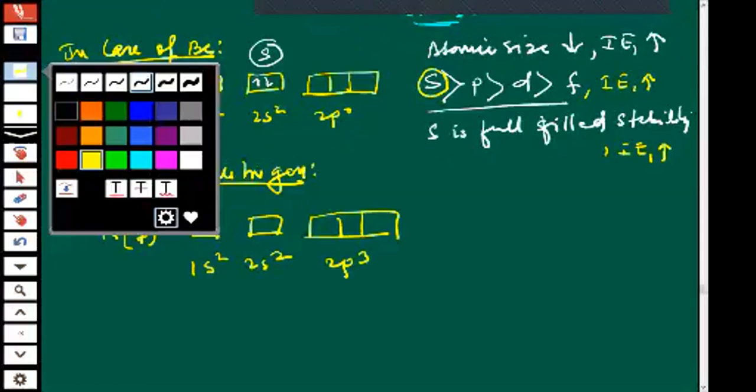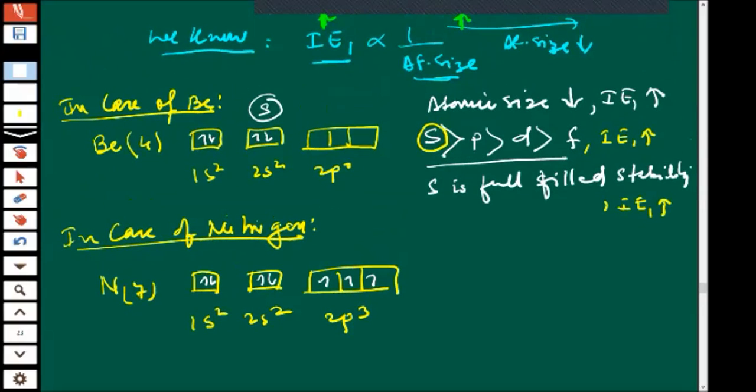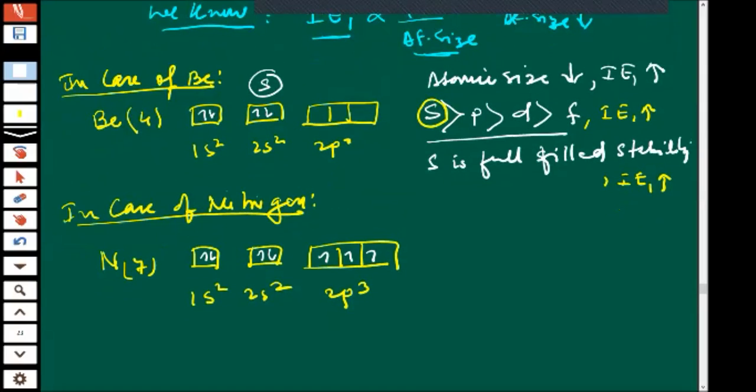So here are the electrons of nitrogen, 2 electrons here, 2 electrons here, and this is the configuration. Now what are you finding? The findings are, first of all, atomic size decreases, so ionization energy will definitely increase.